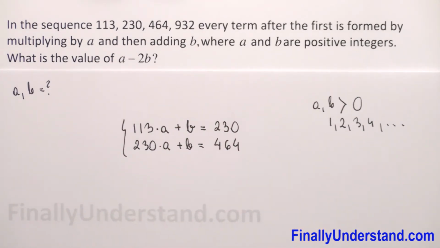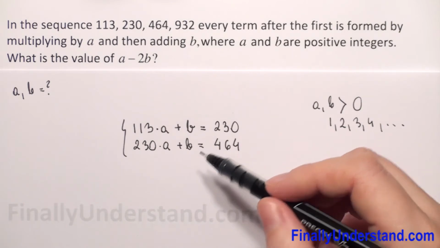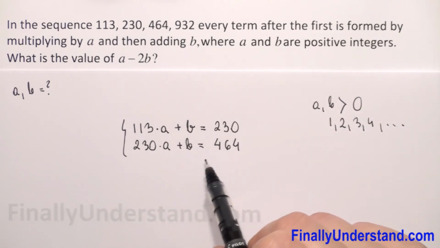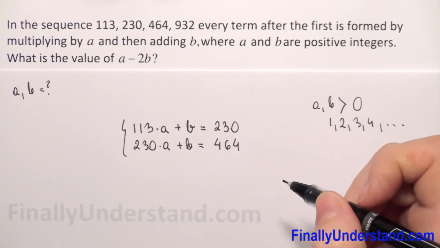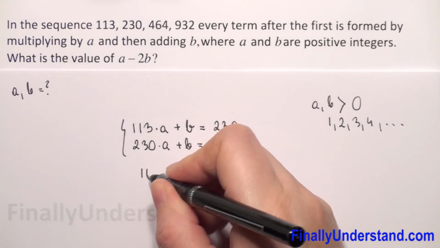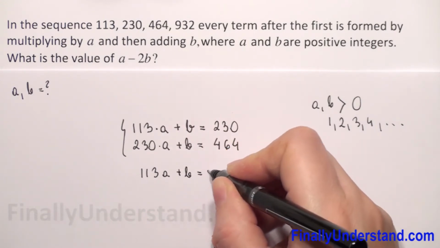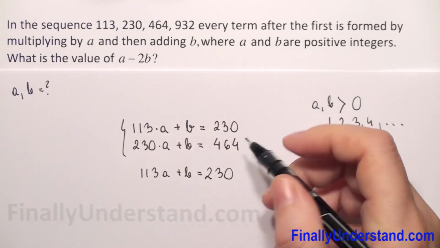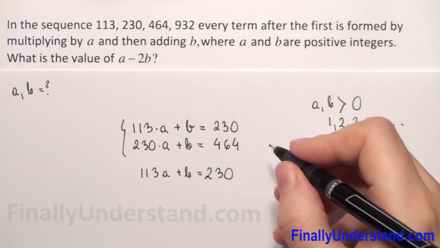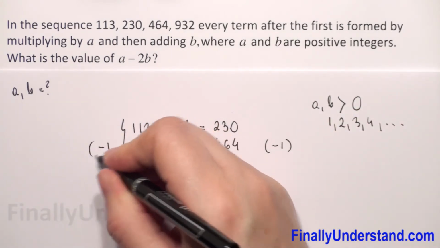We can use the subtraction addition method. So first I will multiply our second equation by -1, both sides. Let me copy the first equation. We have 113a plus b equals 230. And the second, like I said, we will multiply both sides by -1.